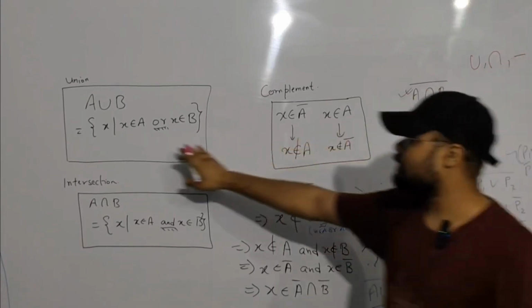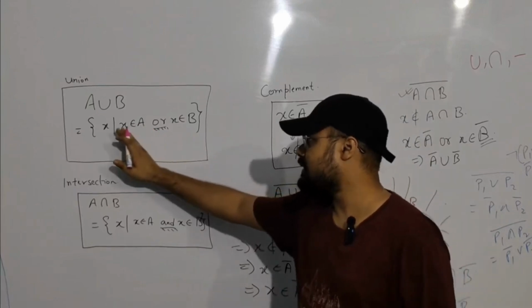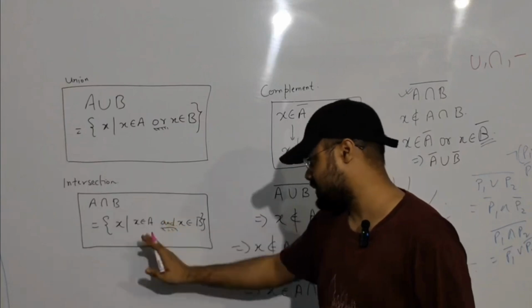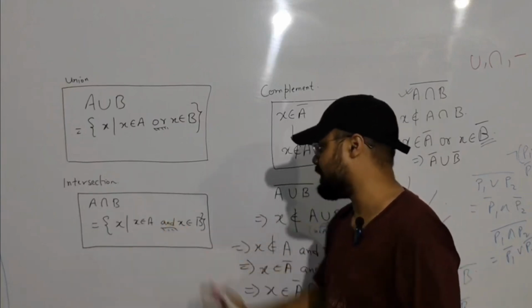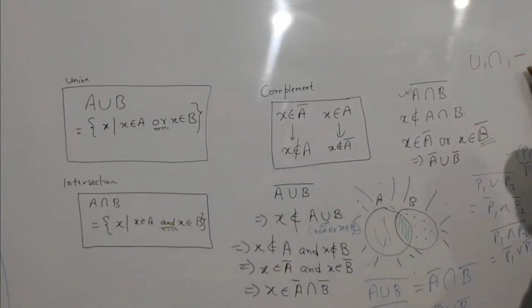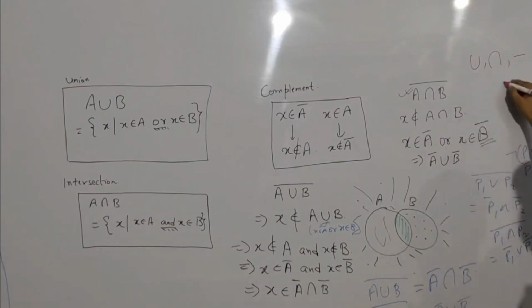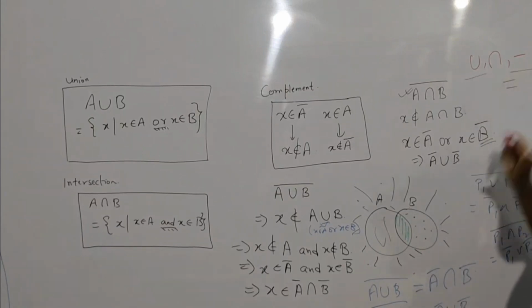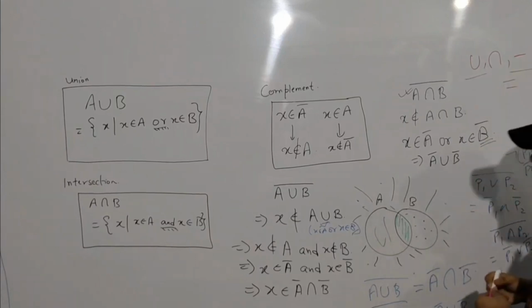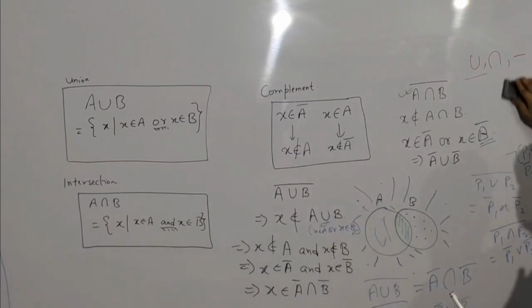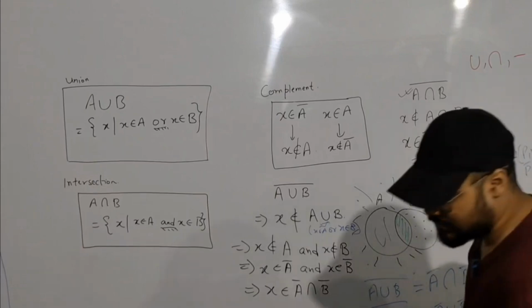You know the basic definition of union: x belongs to A or x belongs to B. The basic definition of intersection is x belongs to A and x belongs to B. And when you are applying complement over any set expression, for example complementing both sides of an equation, what is the resultant expression?